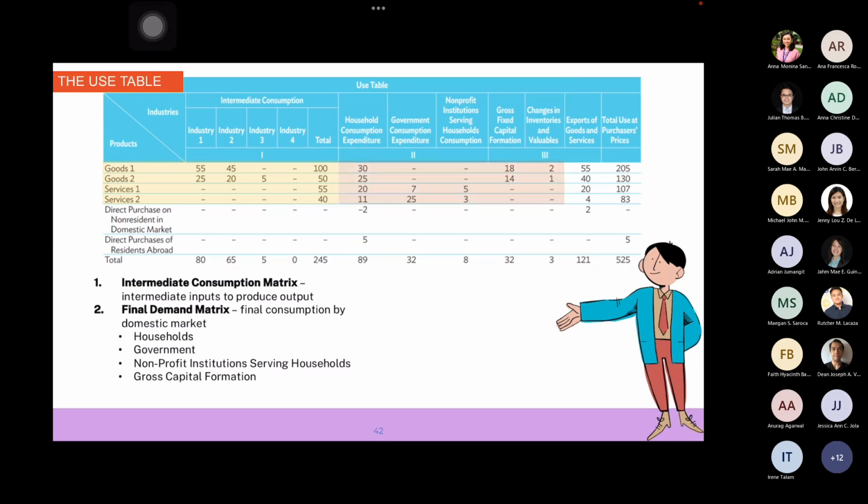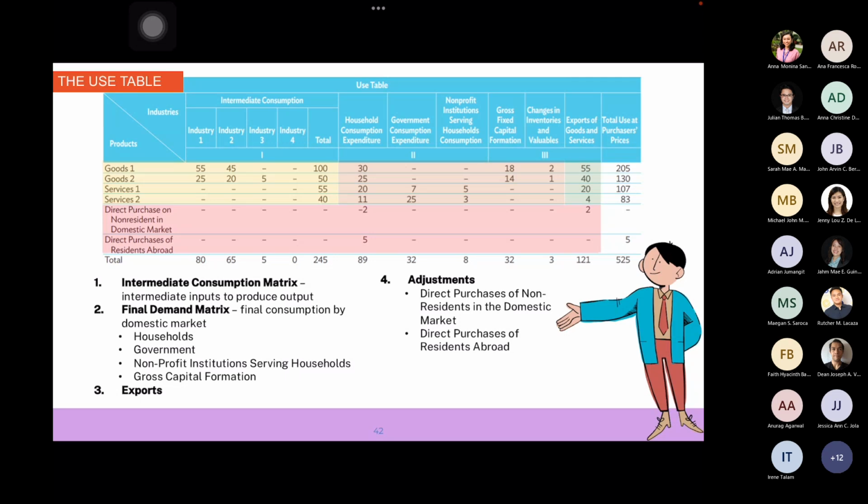So here we have again households, government, NPISH, and gross capital formation. Then next we have exports, which provides information on the intermediate and final goods or services that are used by foreign markets and sold abroad.